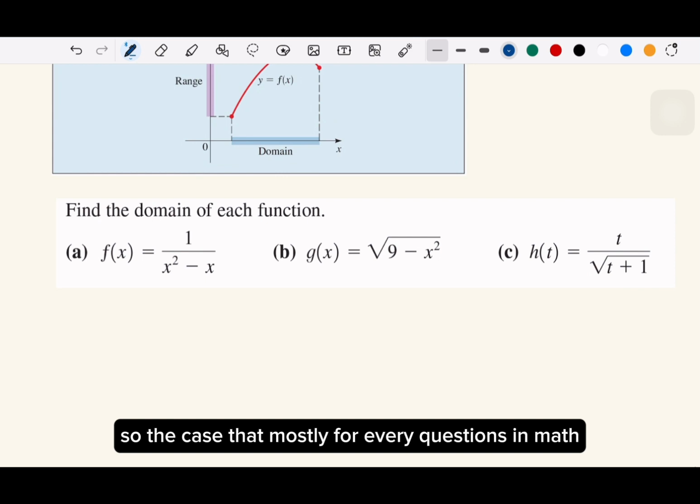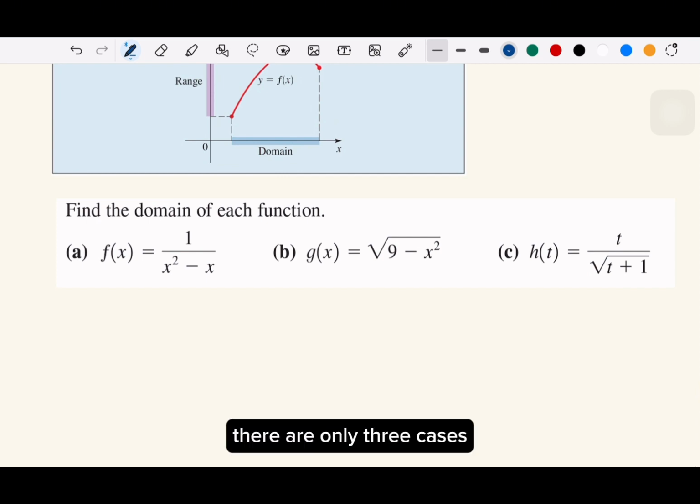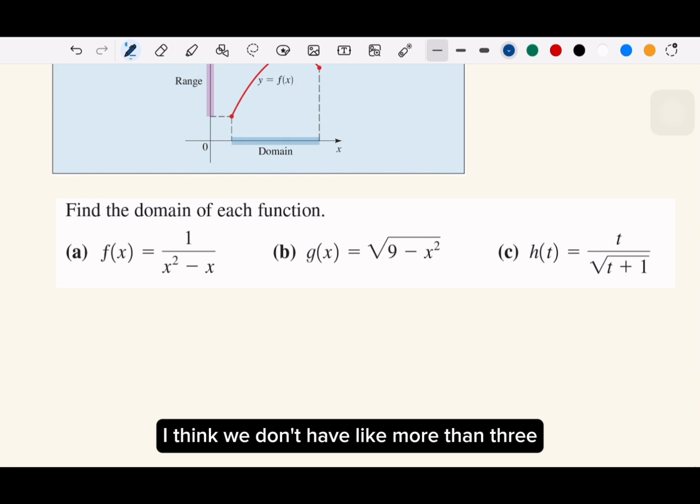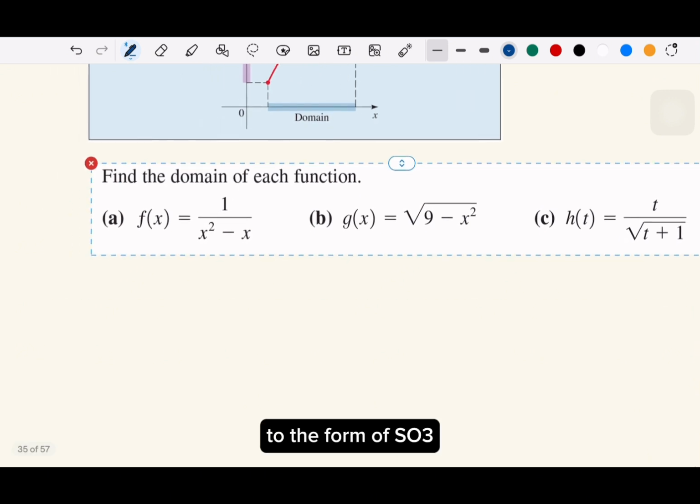For mostly every question in math, in calculus, when they ask you about domain, there are only 3 cases. I think we don't have more than 3 or combinations of these 3. Everything is related to the form of three cases.